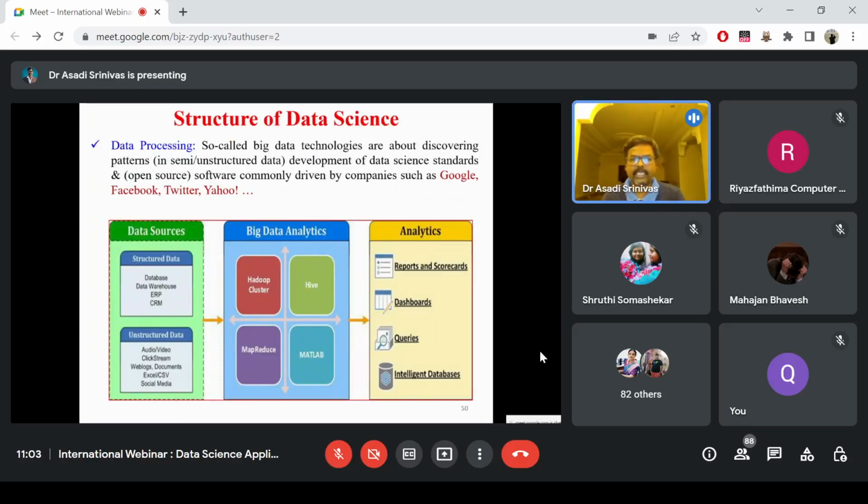In tier 1, we concentrate on data sources, maybe structured data, unstructured data, giving input to the system. Then we are choosing big data analytics tools and techniques like Hadoop, Hive, MapReduce, and MATLAB. Then in tier 3, we are using dashboards, scorecards, that means final analytics, reporting, maybe pie chart, bar chart, statistics, etc. These are the structure of data science.